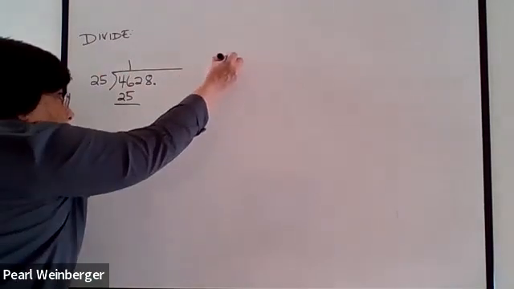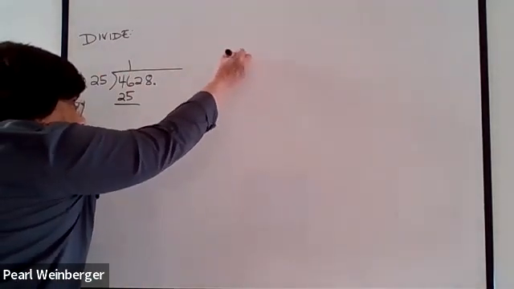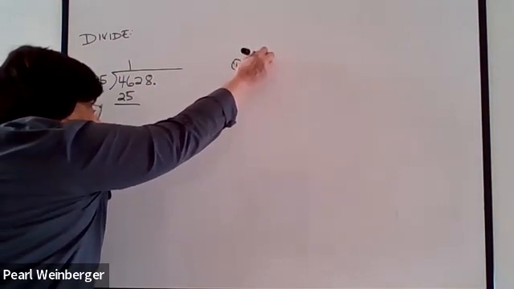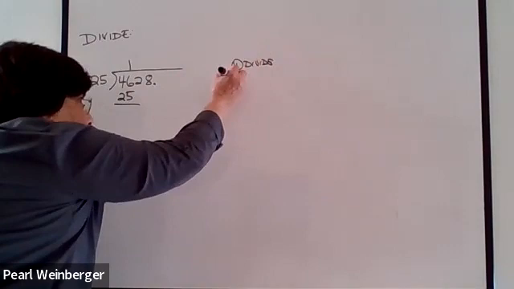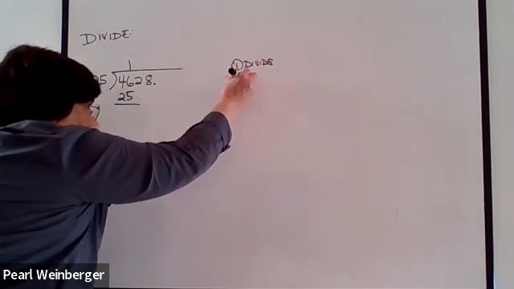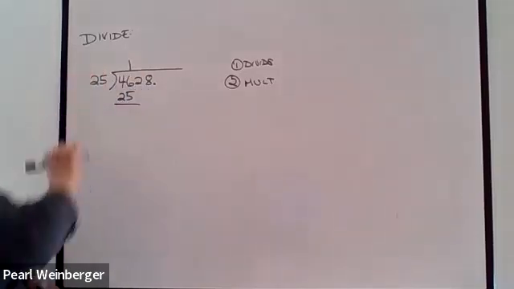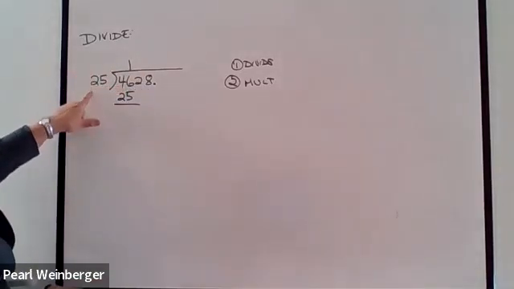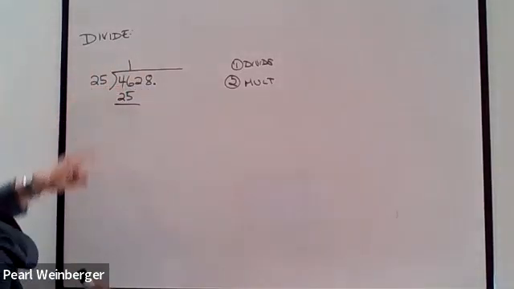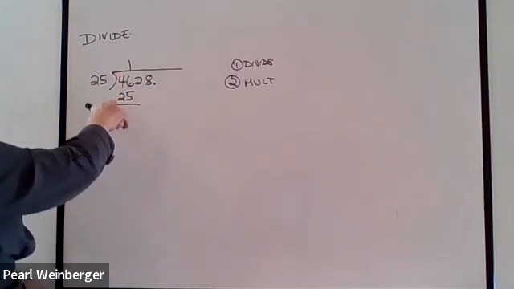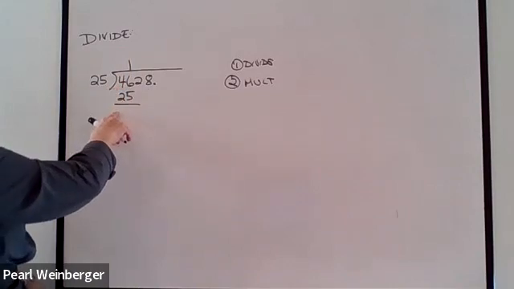So let's just write down the steps. We divided. And then we multiply. We multiply what we put on top with the divisor. And the next step is we're going to subtract the 46 minus the 25.